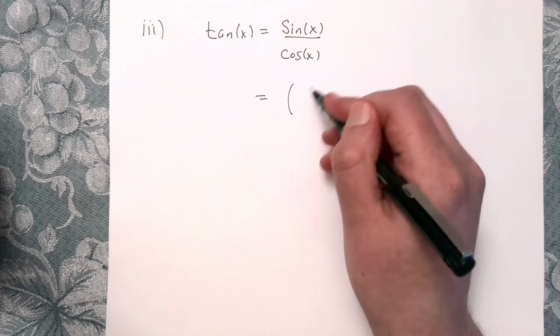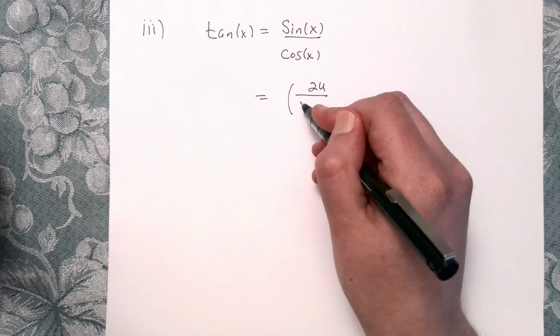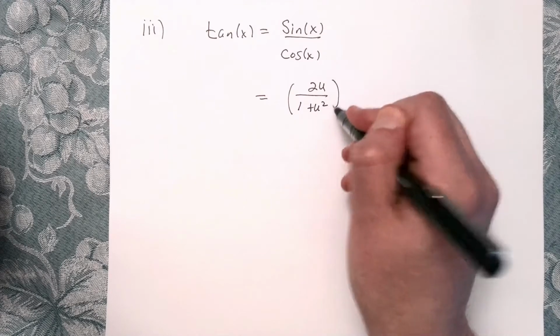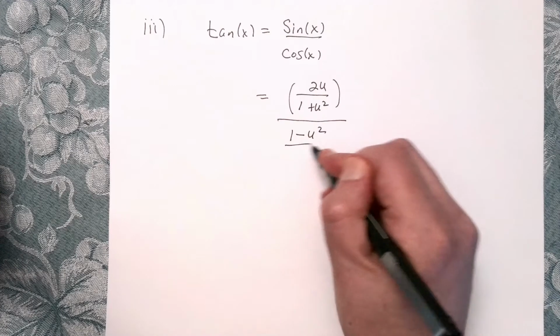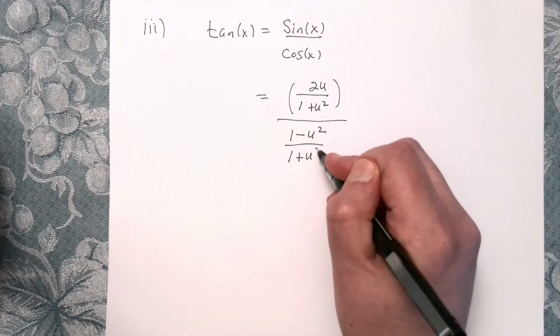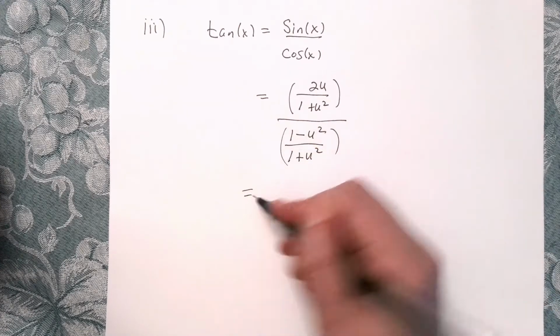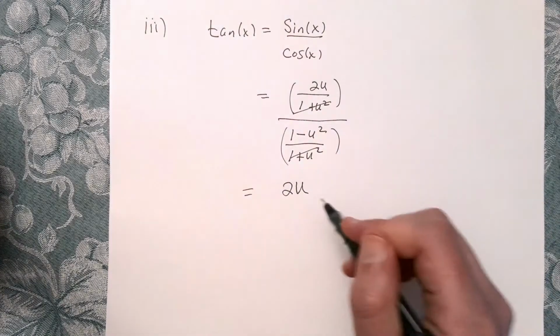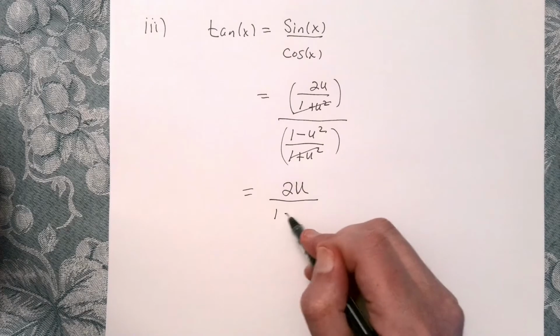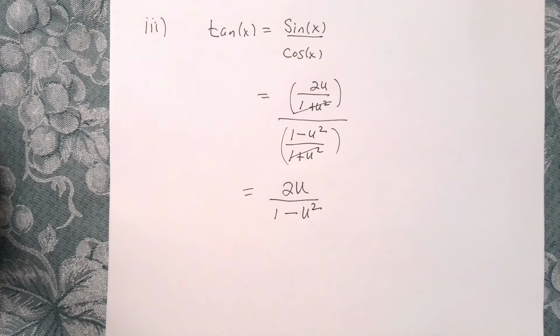But we just said that sine was 2u over 1 plus u squared. And cosine, well, that's 1 minus u squared over 1 plus u squared. Those will cancel. And for tangent of x, we get 2u over 1 minus u squared.